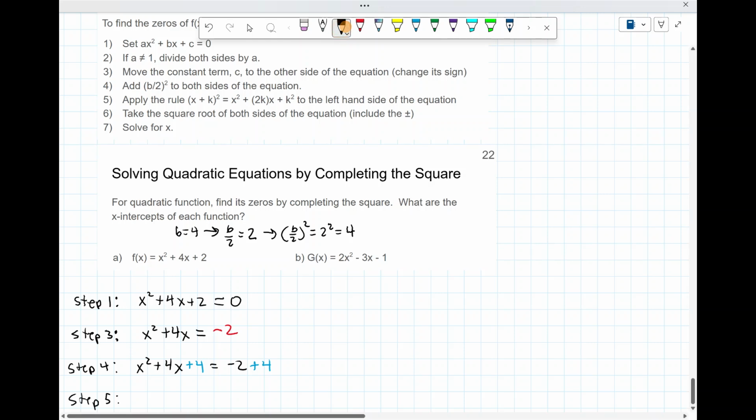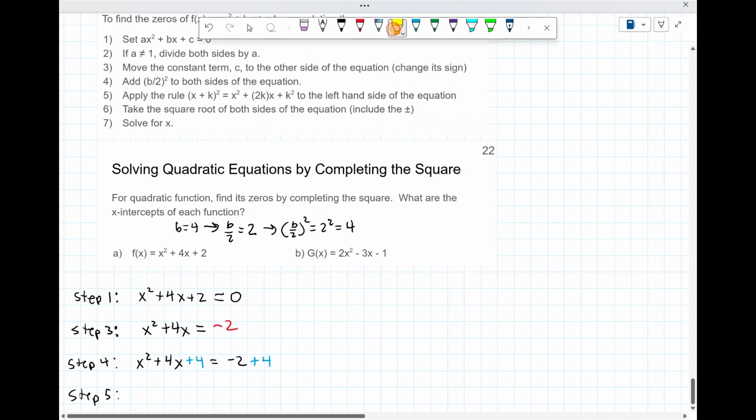Step 5, we're going to apply the general rule that x plus some number k squared is always going to be equal to x squared plus 2kx plus k squared. Now, in this case, k squared has to be equal to 4 because our constant term is positive 4, which means that k is equal to positive 2.